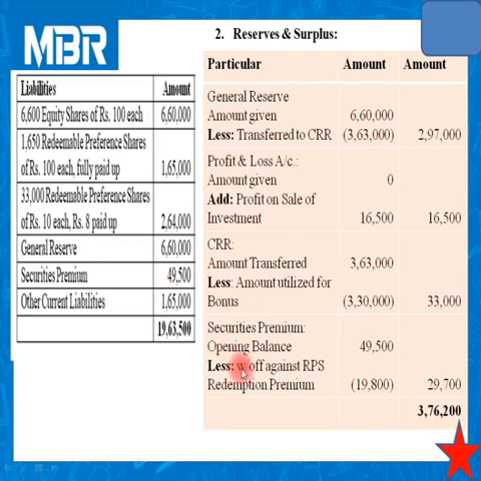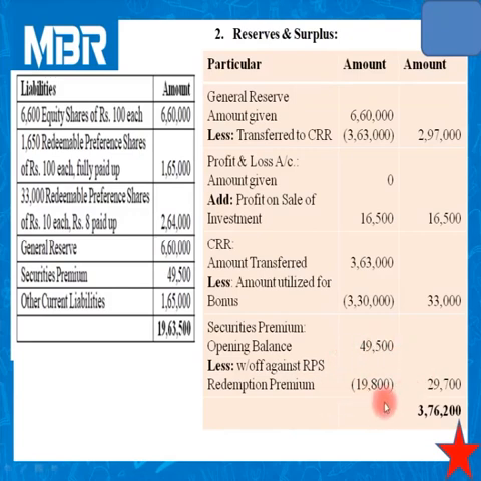Securities premium 49,500. Out of 49,500 rupees available to us in the balance sheet of the question, we have utilized rupees 19,800 to adjust RPS redemption premium. You can check step number 4 to find out the figure of 19,800.